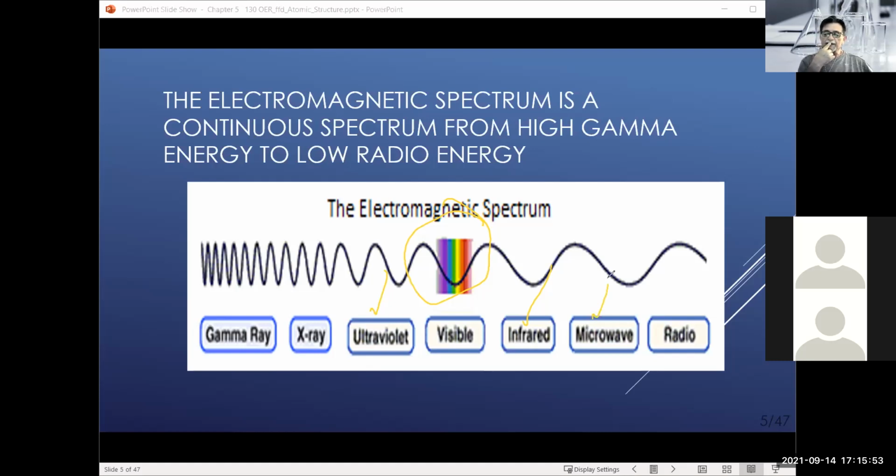Okay. And we have instrumentation that can pick up on these, but we can't see. All right, be familiar with the type of wavelengths that we're dealing with, from gamma, X-ray, in the order that you see here, okay? That may be of importance down the road.